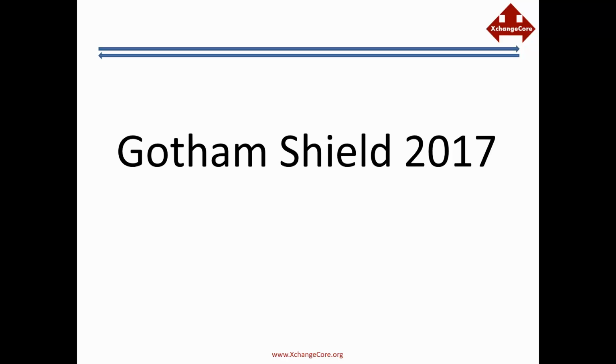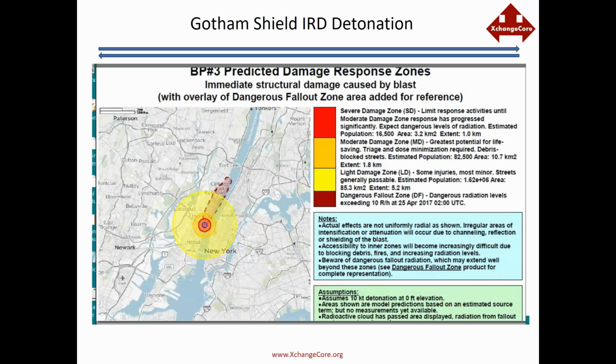So let's start off with Gotham Shield. It took place last month in the New York City area, and it was an improvised nuclear device, a radiological device. It was set off just across the river from Manhattan, and the initial estimates of the problem were shown here, with a big problem right at the center and fewer problems as you move away from this relatively small but nonetheless significant explosive device at 10 kilotons.